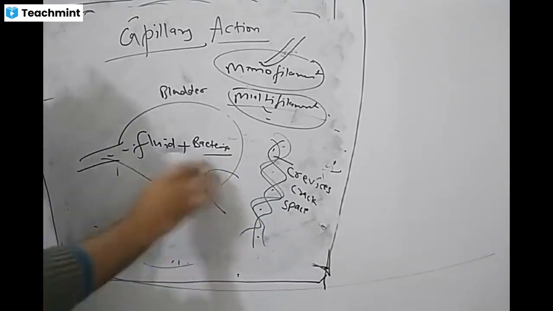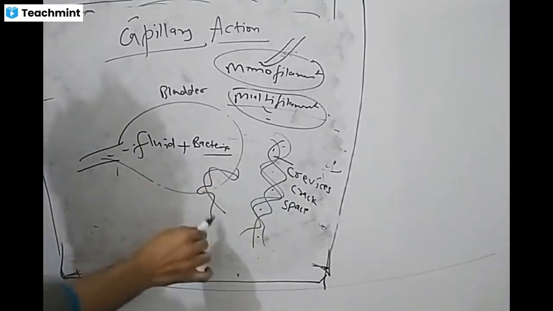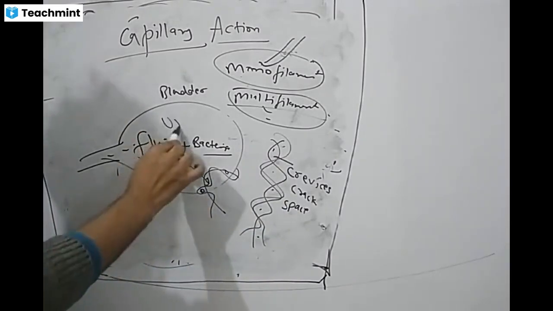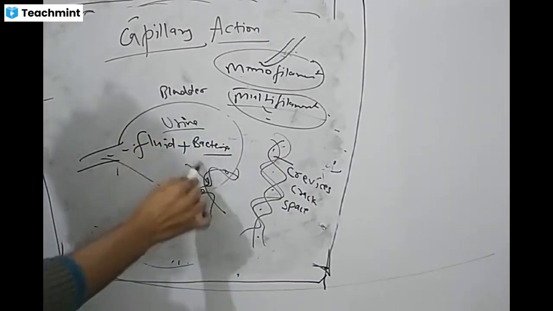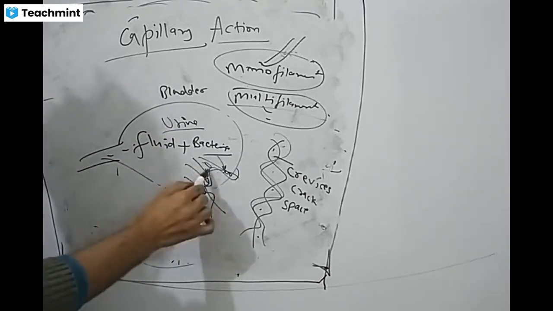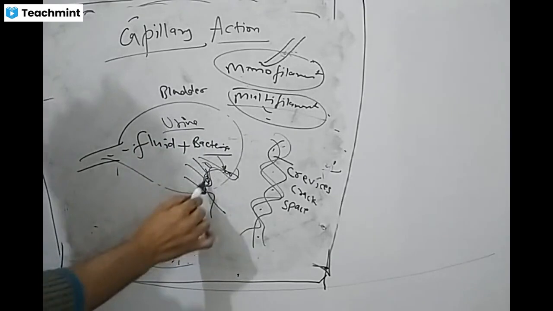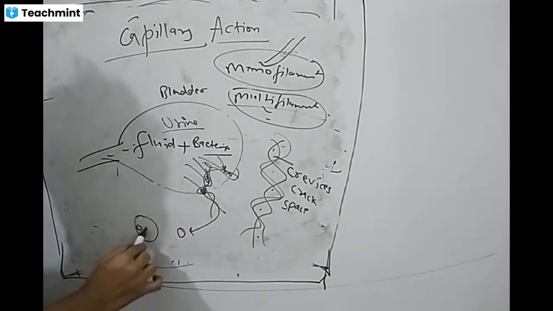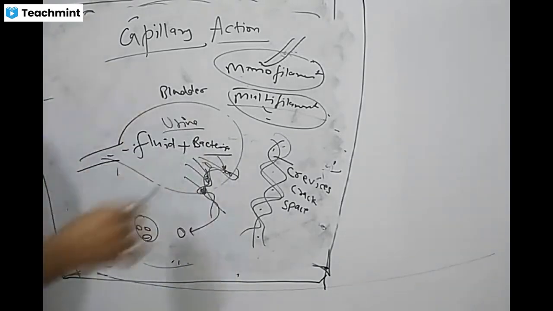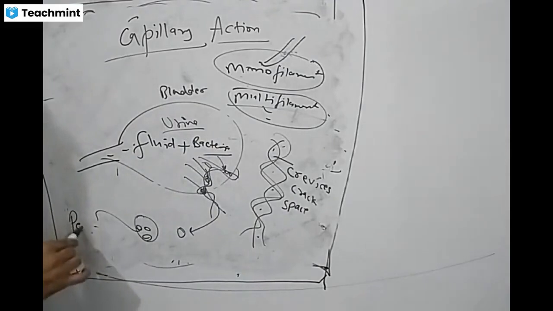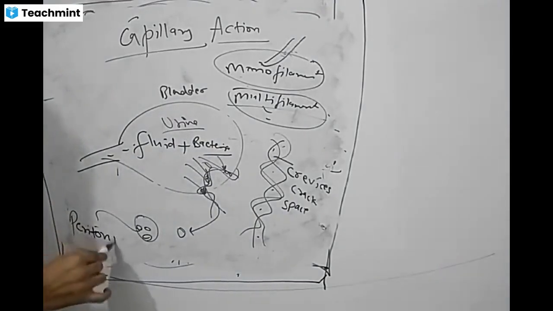If you apply it onto the bladder like this, then in these crevices, from the infected urine, suppose there is bacteria. These bacteria may enter these crevices and they may come out. And if these bacteria come out in the peritoneal cavity, they may cause peritonitis.